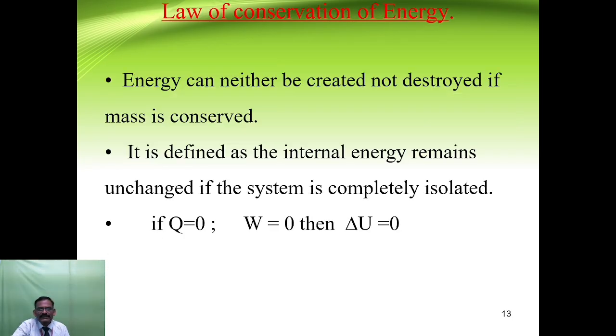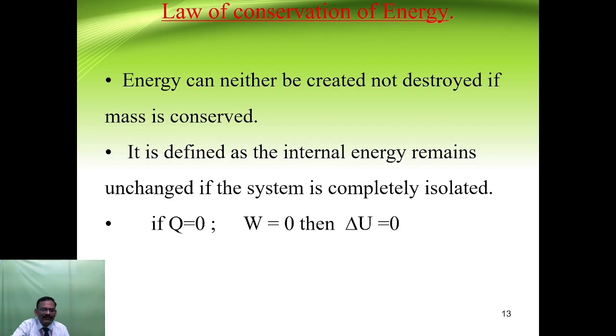Then the law of conservation of energy, which is based upon the first law. Here it says energy can neither be created nor destroyed if mass is conserved. So it explains that energy cannot be created or destroyed, but it can be transferred from one form to another.